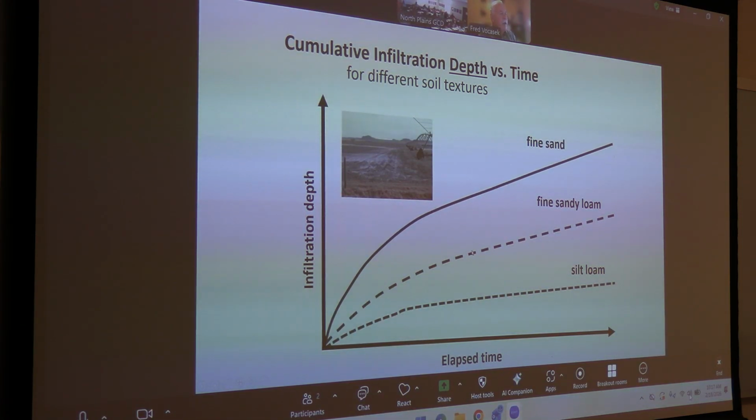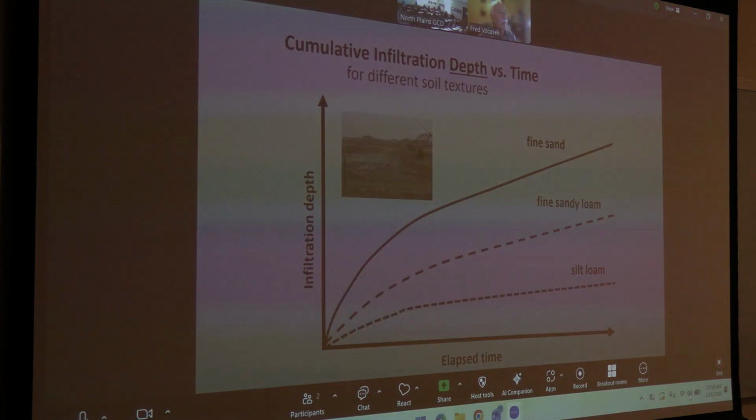As the clay content increases, it starts to drop off. And as these pore spaces get smaller and smaller, that drops off as well. So the surface infiltration and the depth of infiltration is affected by soil texture. It's affected by soil porosity, or the size of the pore spaces.